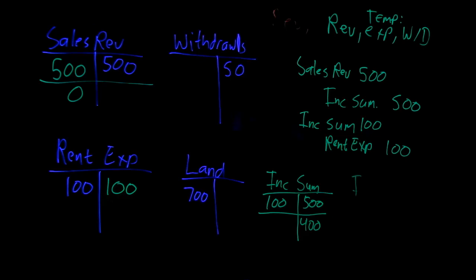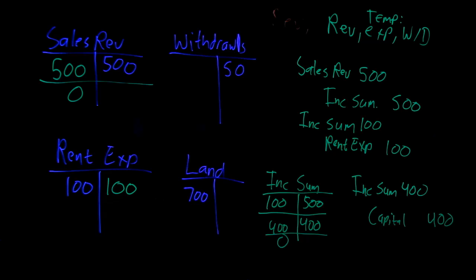So we would debit income summary for $400, which brings it to zero. What's our credit? Well, we're going to close it out to capital.